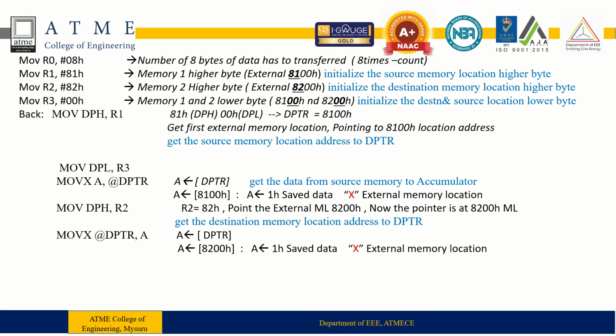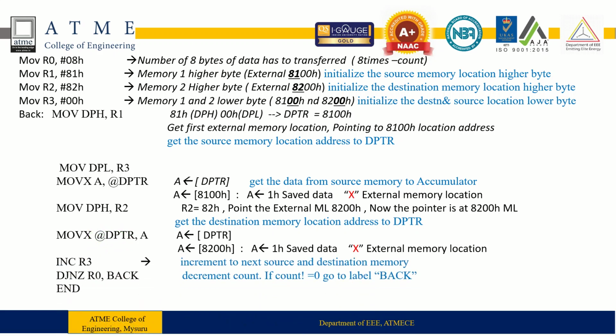So the data has been moved to the container. Next, increment R3, because 8100 is the first location and next it has to move to 8101. Further, this process has to repeat 8 times.